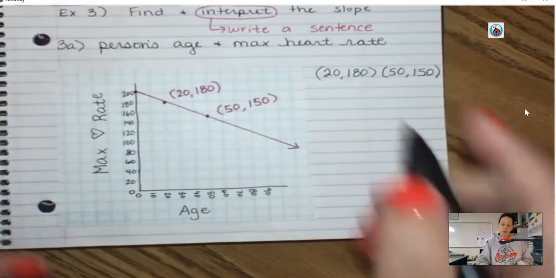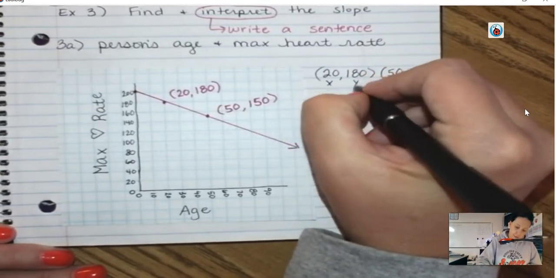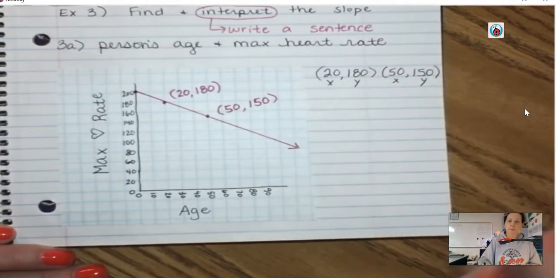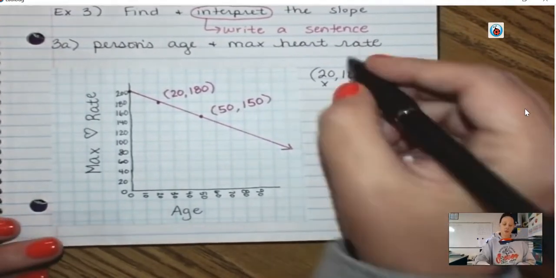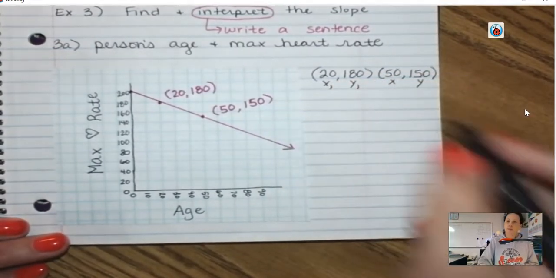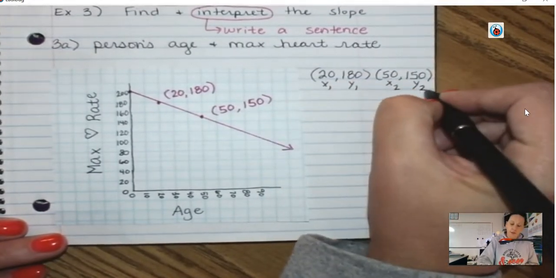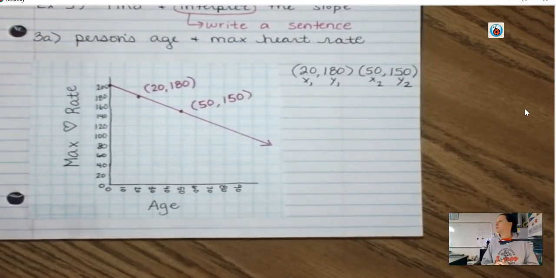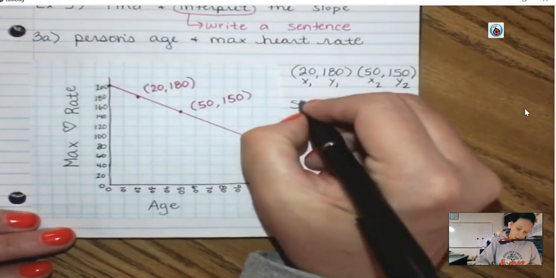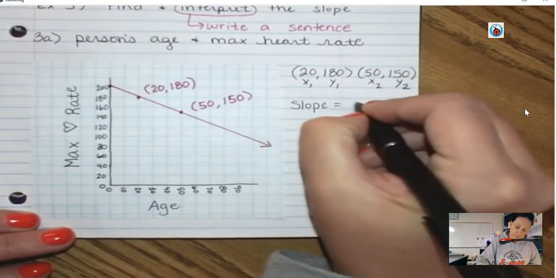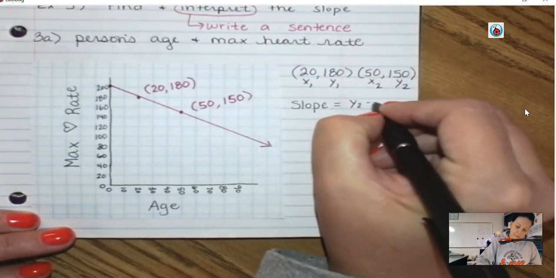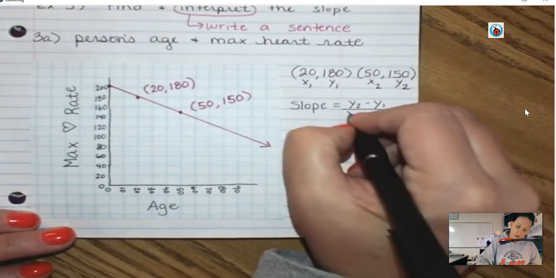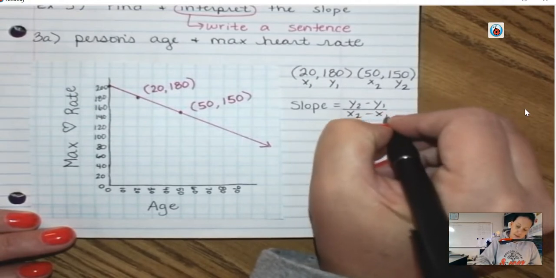I'm going to label the points x, y, and x, y. The first point is going to be sub 1s. Second point is sub 2s. Remember, slope is always going to be y sub 2 minus y sub 1 over x sub 2 minus x sub 1.